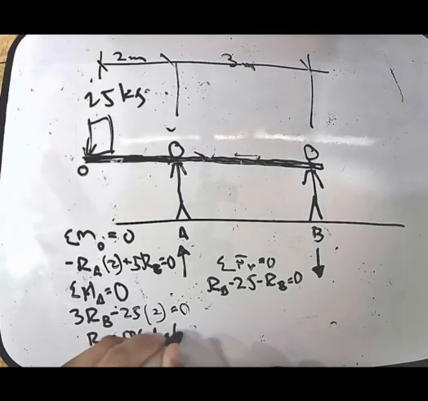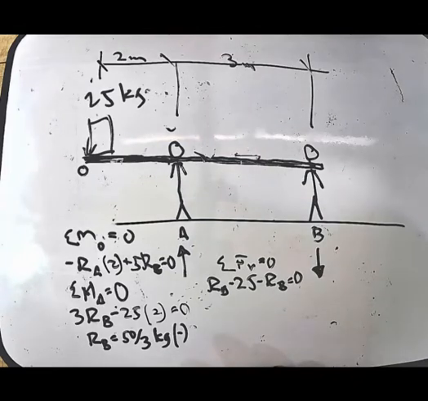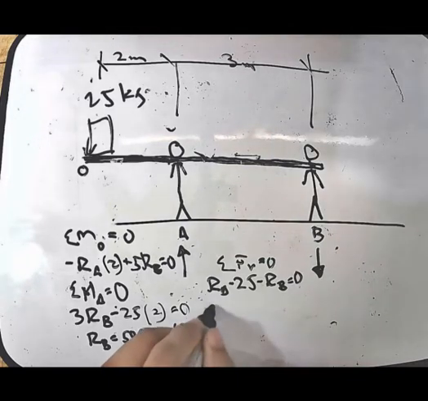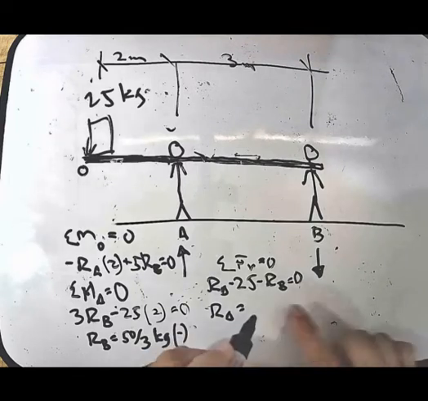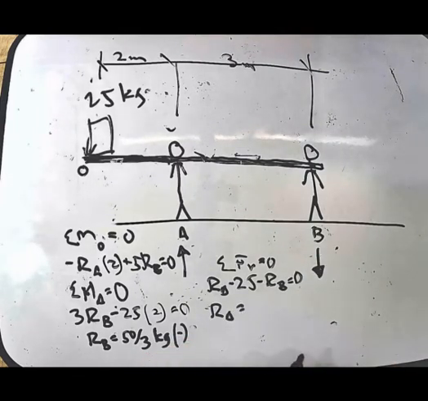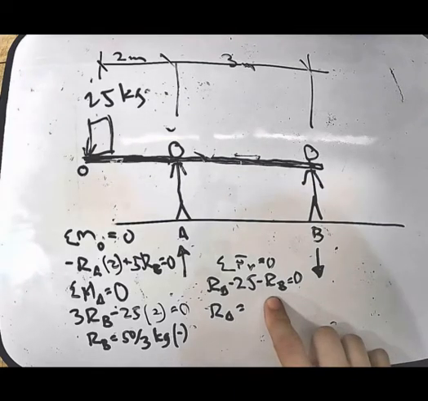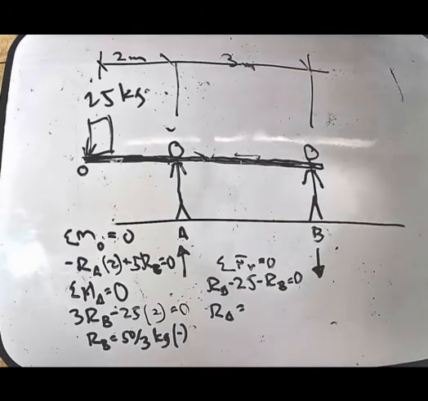Lagyan natin dito na negative, meaning pababa ang kanyang direction. So, this now becomes RA is equal to, transpose natin si RB sa kabila. But, take note na RB is negative. So, pag labas mo dyan, magiging positive.